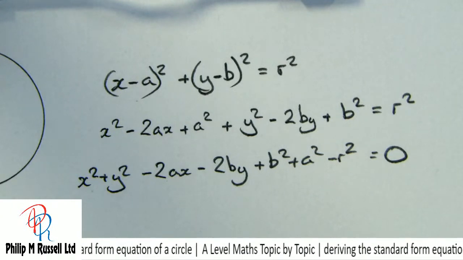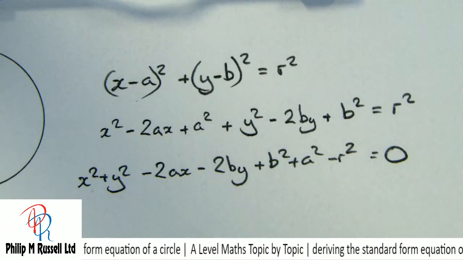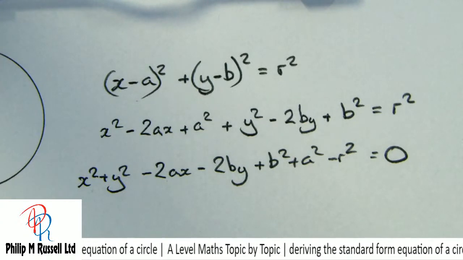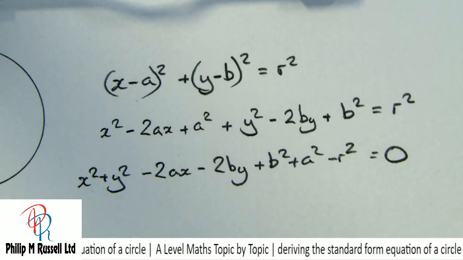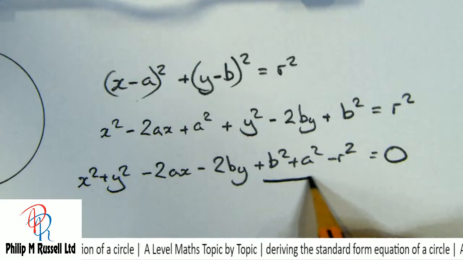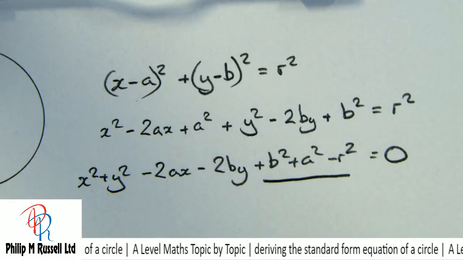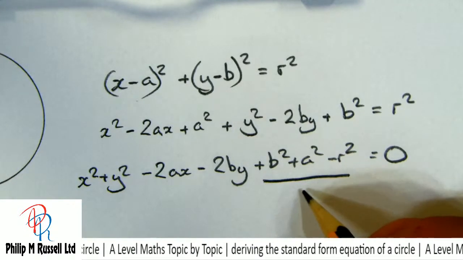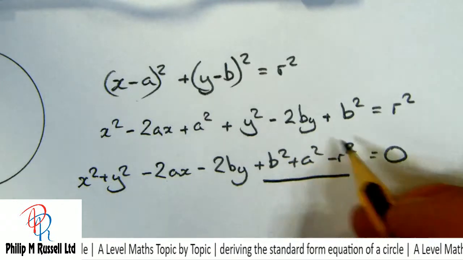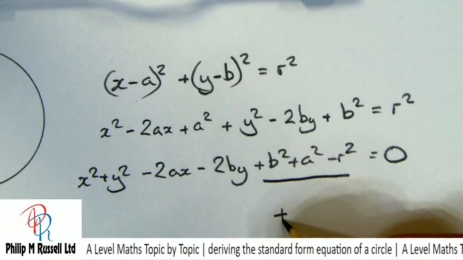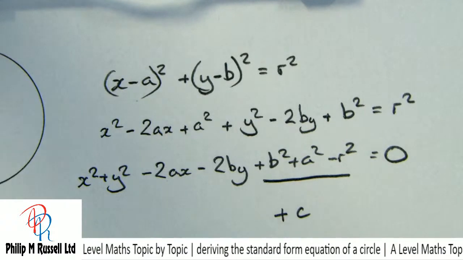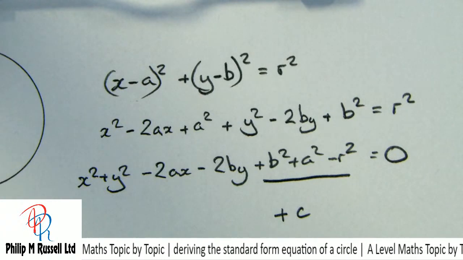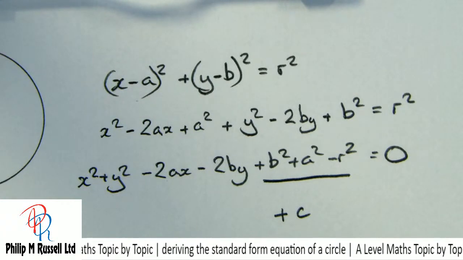And sometimes when we look at some of this, we can cheat a little bit. Now, what I could say is that this bit here could equal just some sort of constant. And that enables us to have a different idea.